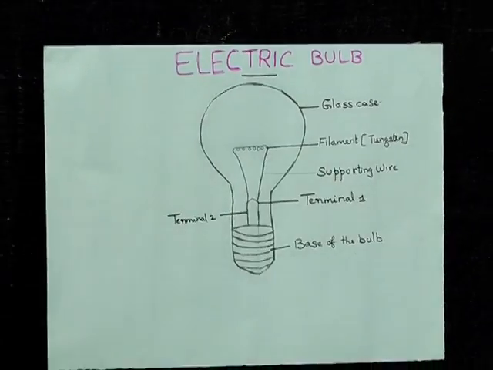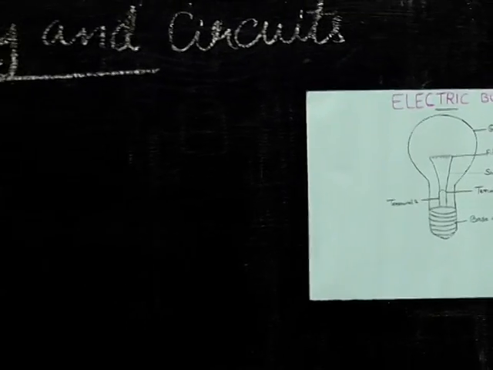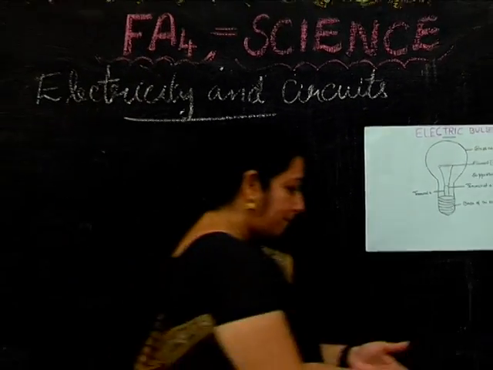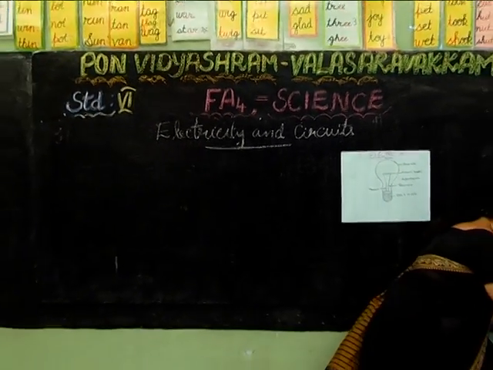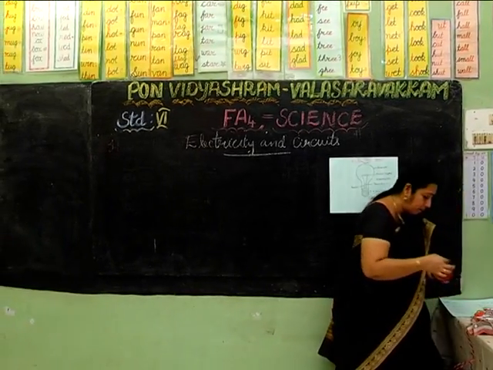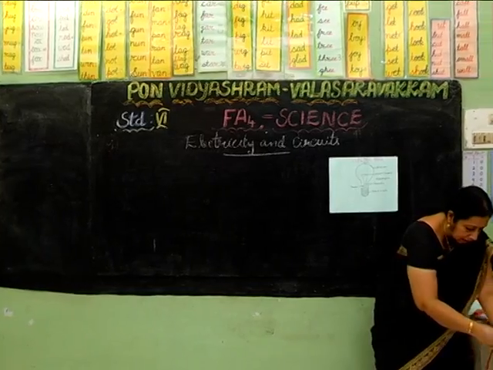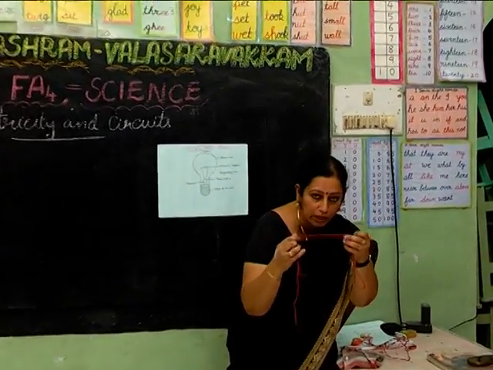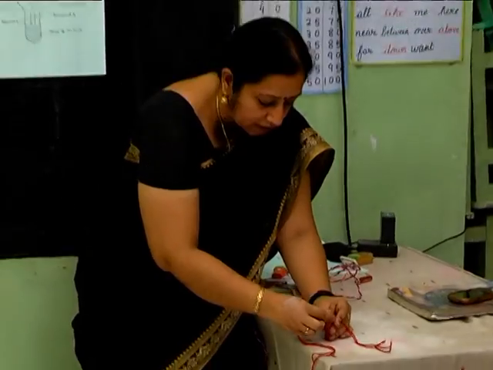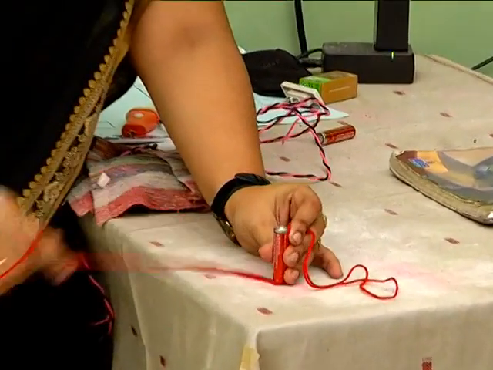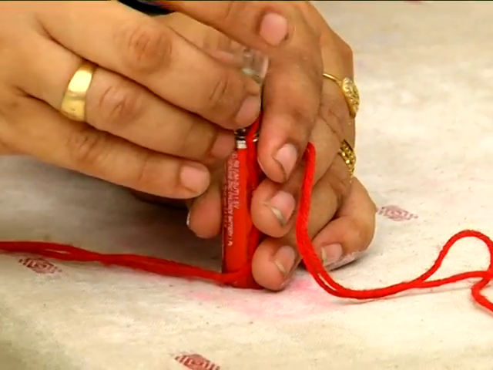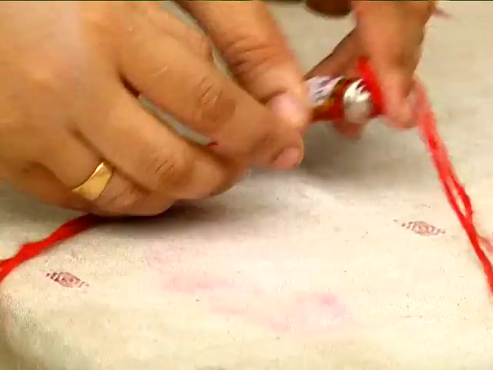Next, when I use this cell with a woolen thread and connect it to the bulb, I am not able to get any electrical energy.